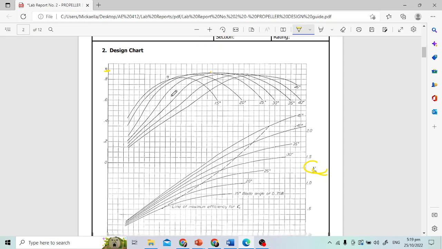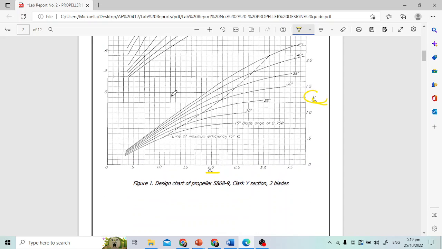So, again, using your C sub S, project up, then, kapag tumama na sa broken line na ito, katulad nung sa ating blade angle, pag tumama siya sa broken line, which is the line of maximum efficiency for CS, project naman natin siya to the right in order for us to get the advance ratio.